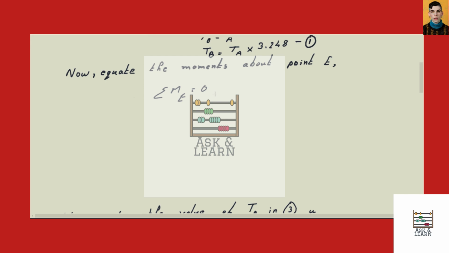That gives us minus M plus, let's convert all the millimeter values into meters, the 150 millimeters will be equal to 0.150, so 0.150 TB minus 0.150 TA equal to 0.